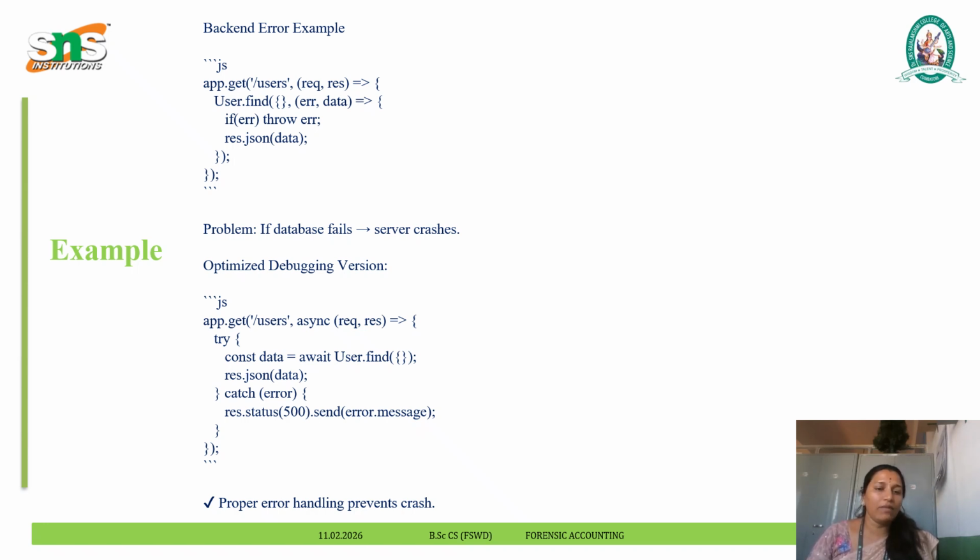Then I have given the request and response, try, how the constant data is moving along with await users and the response JSON data. Catch errors, it has a catch. Finally, the response status will be 500 and the error message. Proper error handling prevents the crashes.